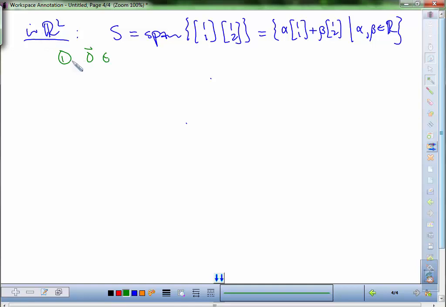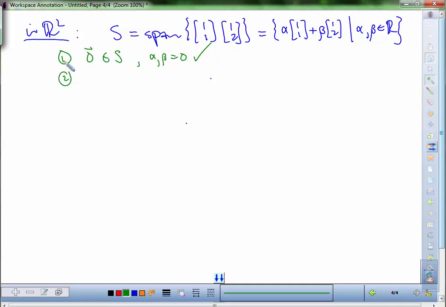So is the zero vector in the subspace? How am I going to get the zero vector in the subspace? Alpha and beta are equal to 0, and then that's just going to be 0. So that works out.